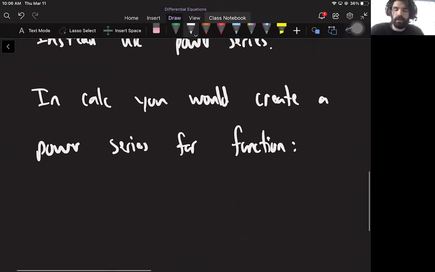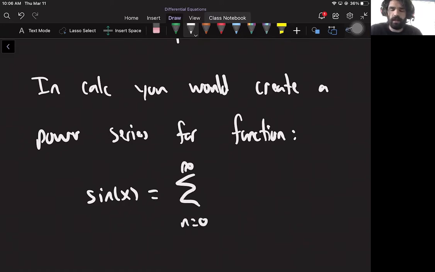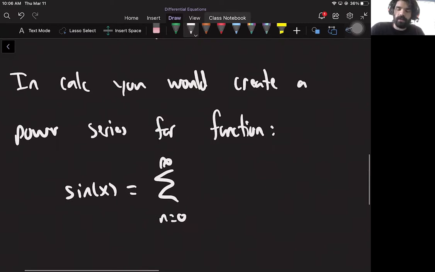So something like, you must have seen this or done this, you would say sine of x equals, and then you did something called a Taylor series expansion, and you figured out that there's some way to write sine as an infinite sum of powers of x to the n times coefficients of some kind.